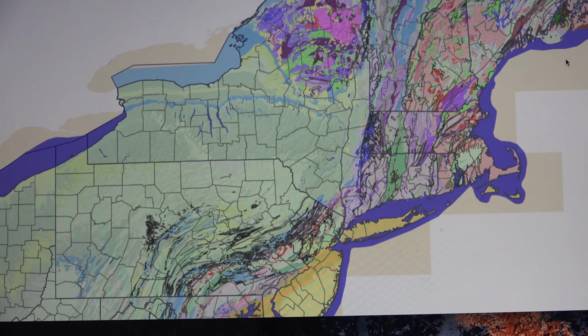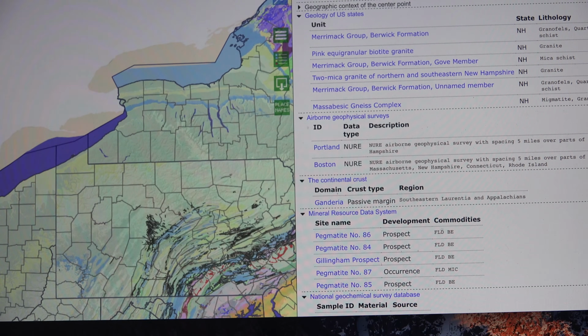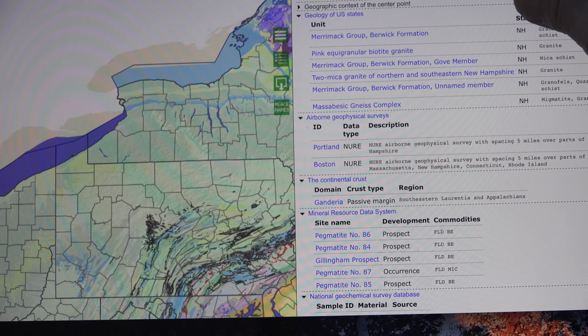Now for our properties in the east, we're going to be looking for the same things that we did in the west, with the addition of igneous rock. We're going to pay close attention to that because in the east they are significant sources of gemstones, especially in Maine. And we know that also by going through our library.